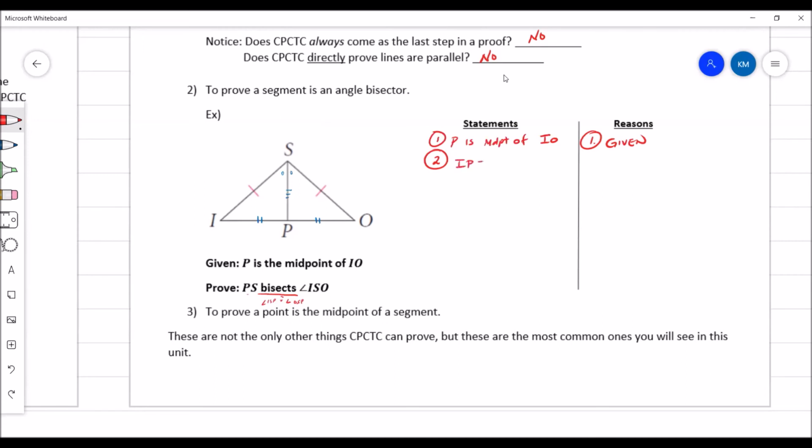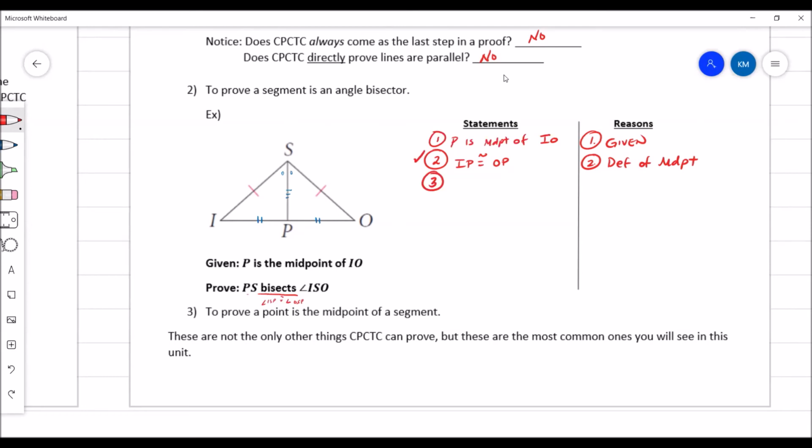IP should be congruent to OP, because that's what midpoints do. But remember, we're not going to write because that's what midpoints do. We're going to say definition of midpoint, because by definition, that is what a midpoint does. Okay, just give myself a little mark because I know that I have something equal to something.